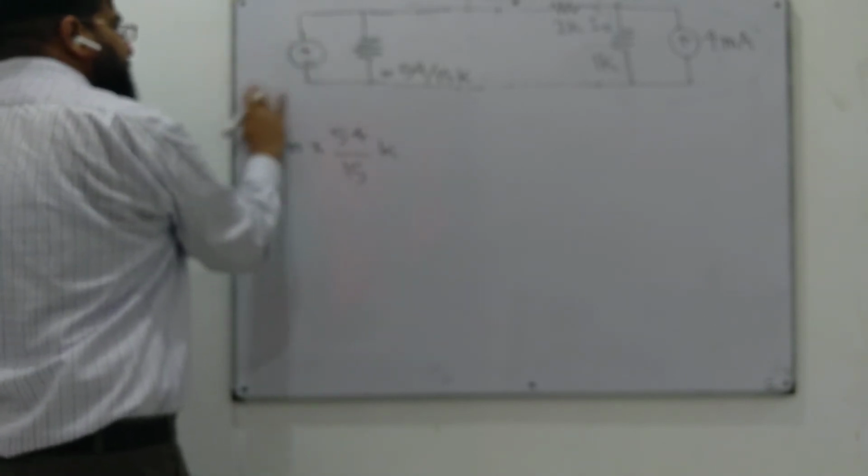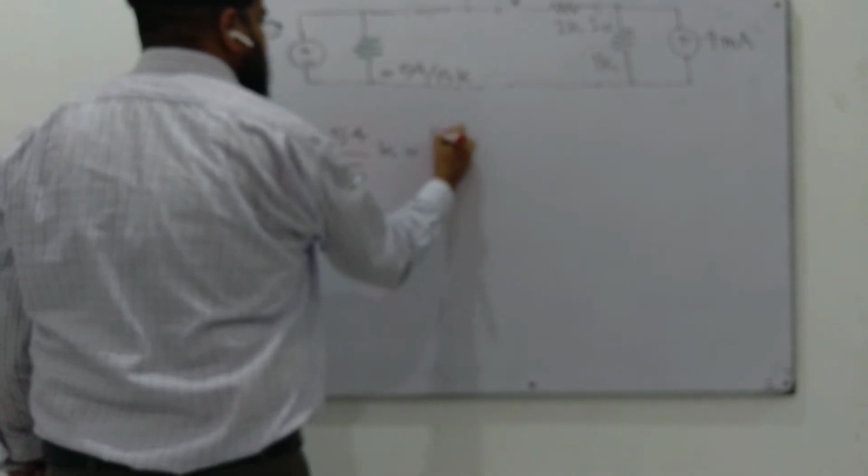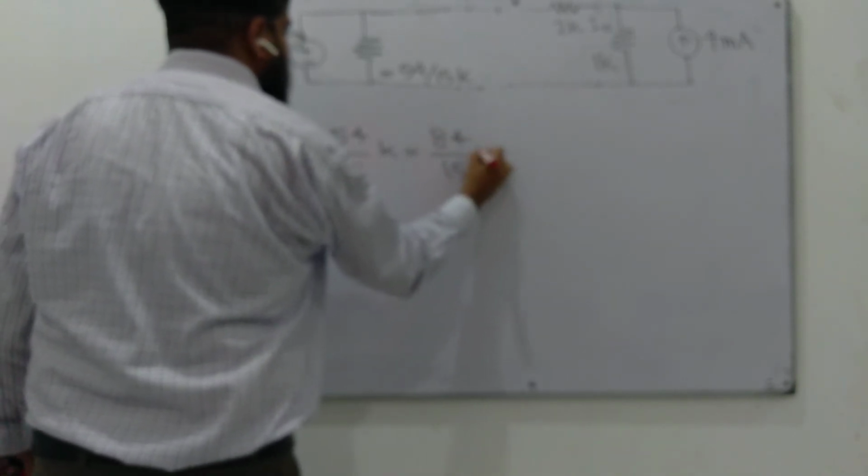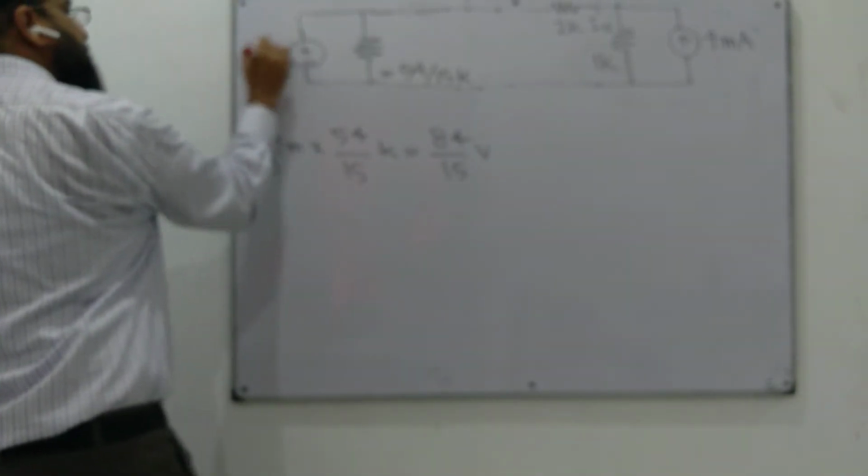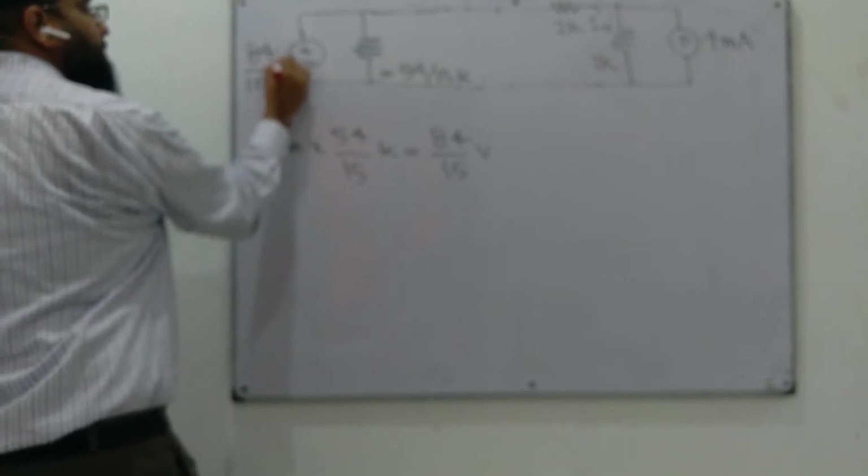So this can be replaced with a voltage source whose magnitude is 84 by 15 volts.